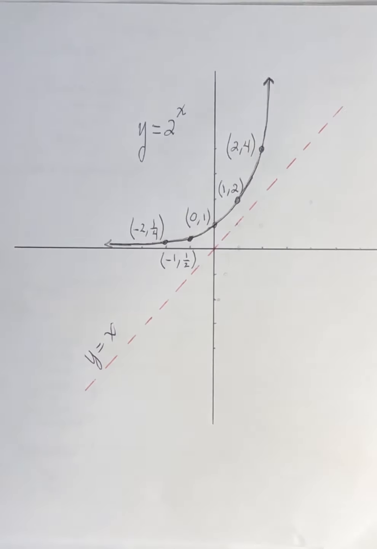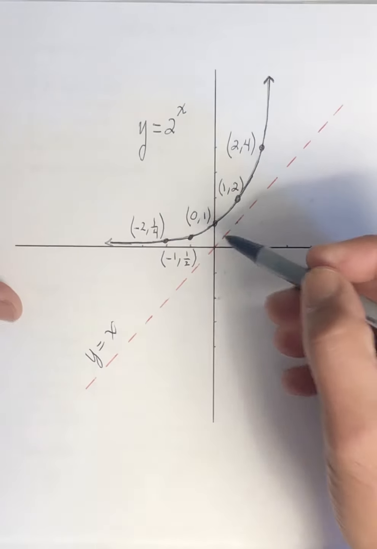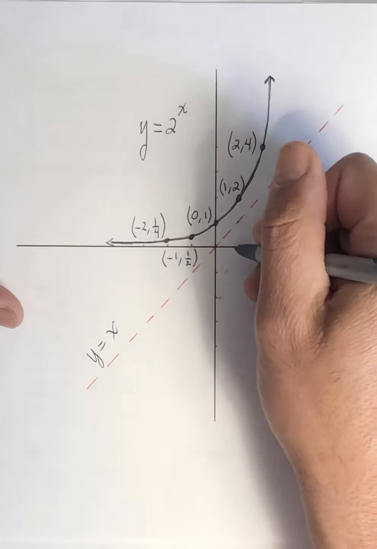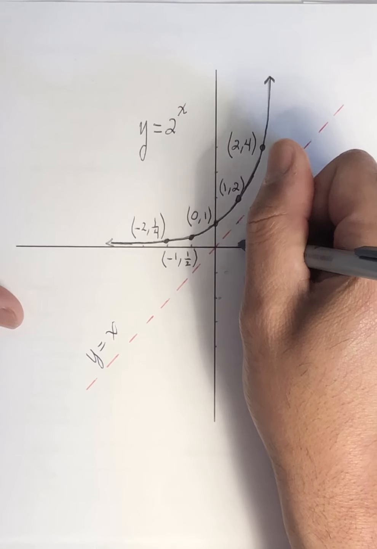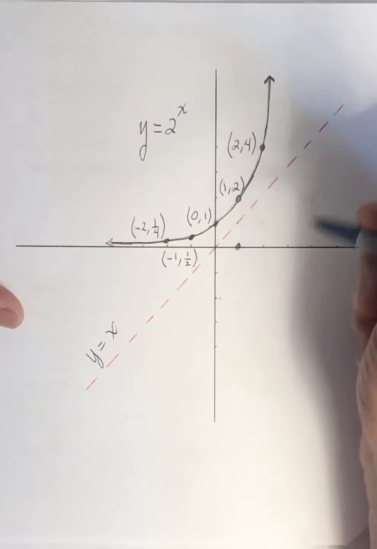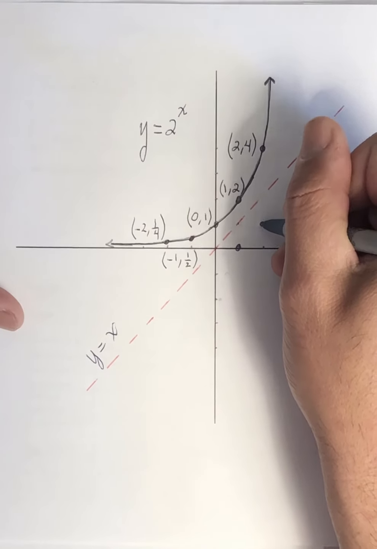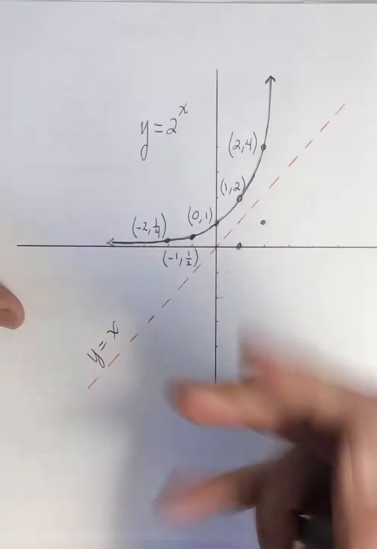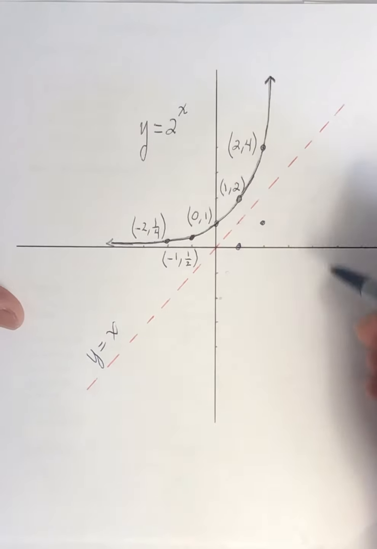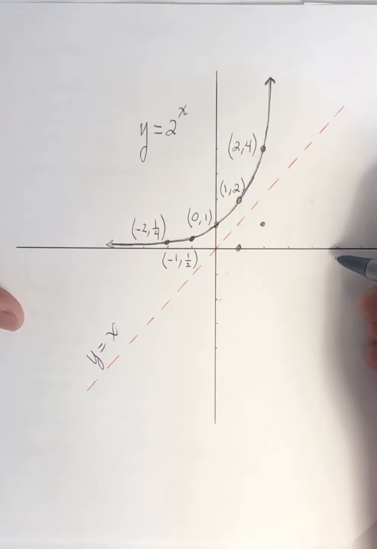So for example, I'm going to start with the y-intercept (0, 1). That becomes an x-intercept (1, 0). The point (1, 2) becomes (2, 1). When I switch the x and y coordinates, the point (2, 4) becomes (4, 2).